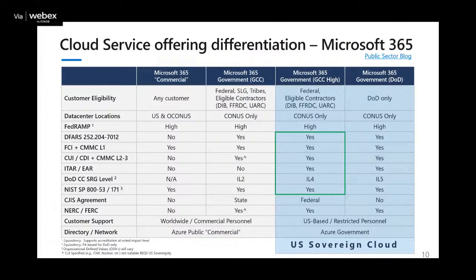So you'll see here, for example, that we can do CMMC levels 1 through 3 within Microsoft 365 GCC High. So all levels of CMMC, as well as the IL4 equivalency. In fact, it's an IL5 equivalency for GCC High as well.